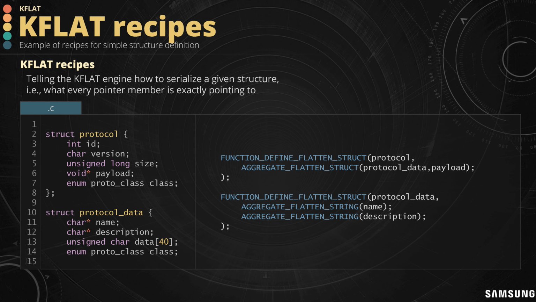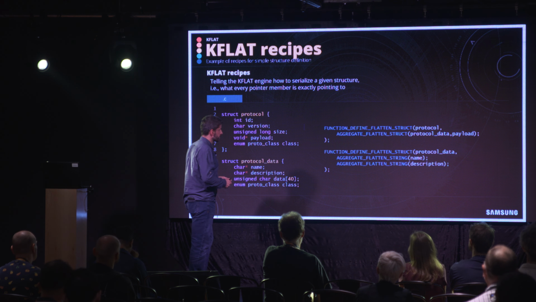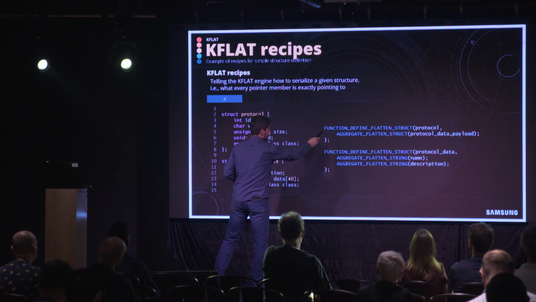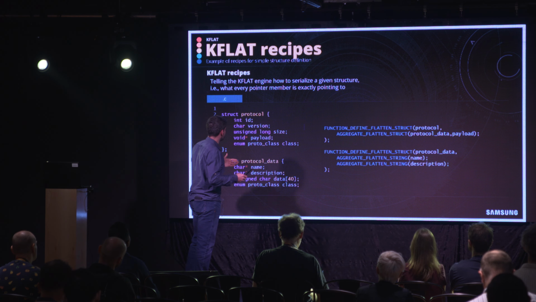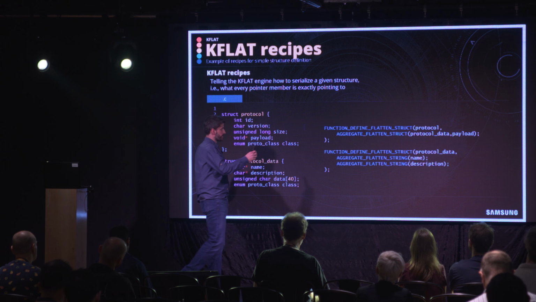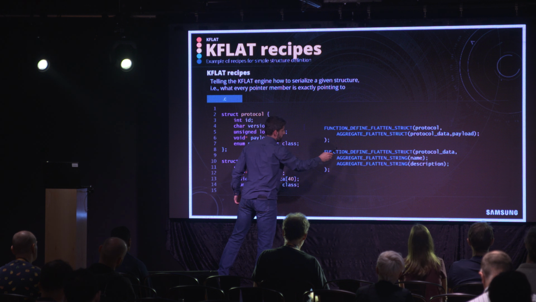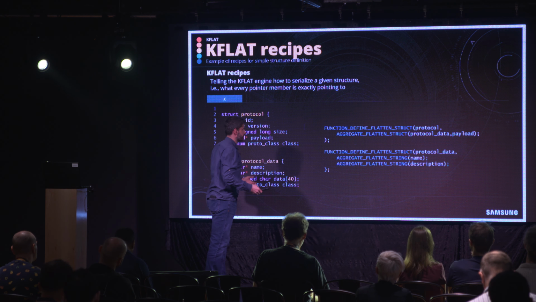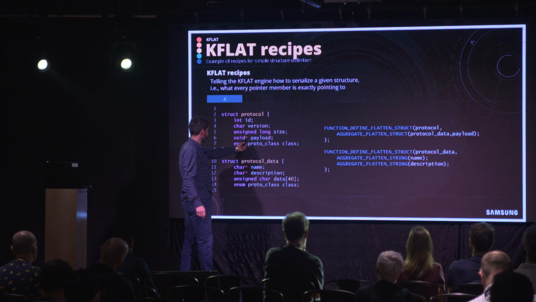So how does it do this serialization? It needs some user-defined recipes to create this serialization. So you have to tell it how to do it. Each recipe defines a function which is used to copy the data of some structure. And inside these recipes, you have to execute other recipes for all the dependencies. For example, here we have this payload, which is a pointer.